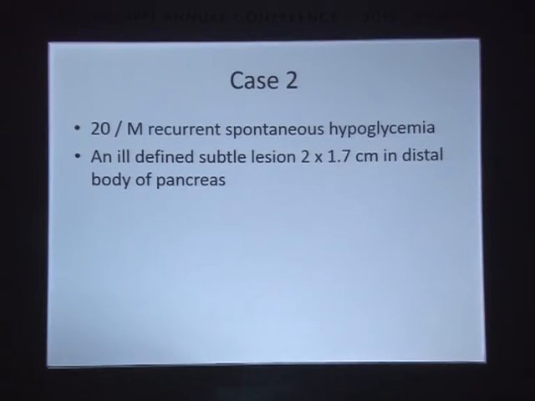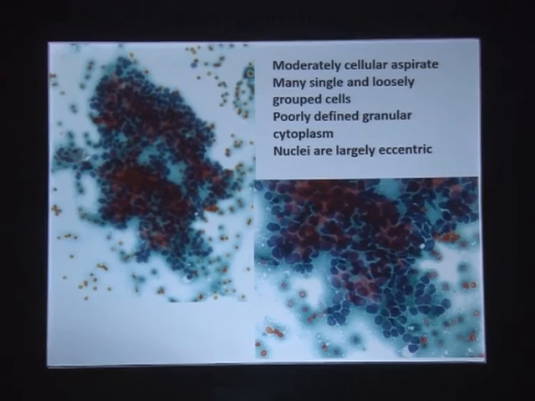This was a very classical history of a 20-year-old boy who came with spontaneous recurrent hypoglycemia, and there was an ill-defined lesion in the distal pancreas, body of pancreas. Although it was a very cellular aspirate and not very classical of neuroendocrine lesion, subtle, but of course the cells were loosely clustered, loosely grouped, and they had finely granular cytoplasm, and the nuclei were eccentric, and they did have some stippled chromatin.